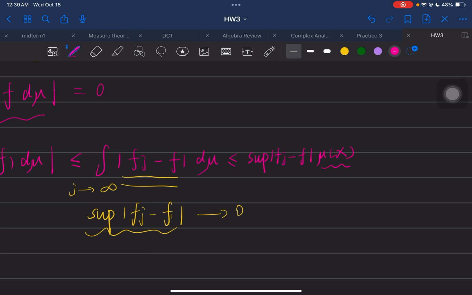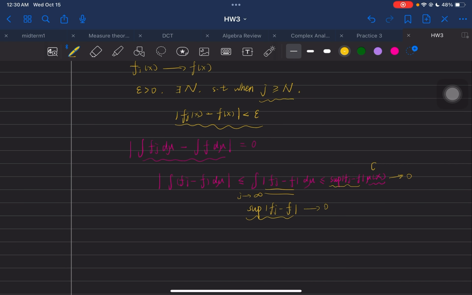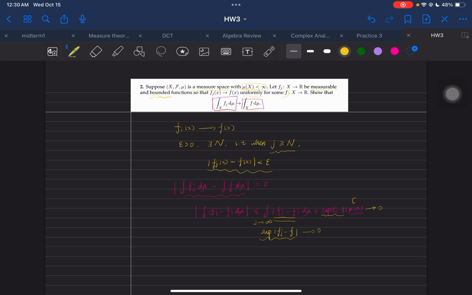As this is finite, we can say it's some constant k, and the other factor goes to 0, which means the whole thing goes to 0. So that's the proof of the problem.